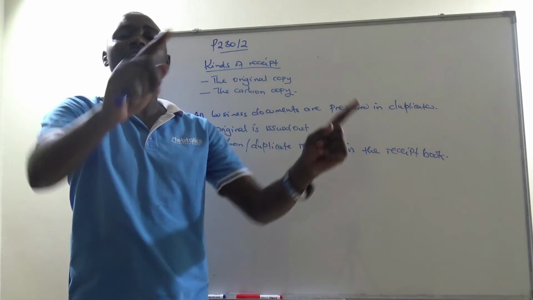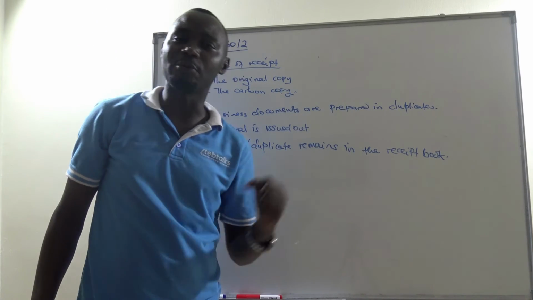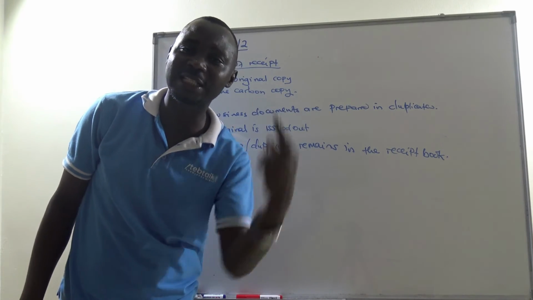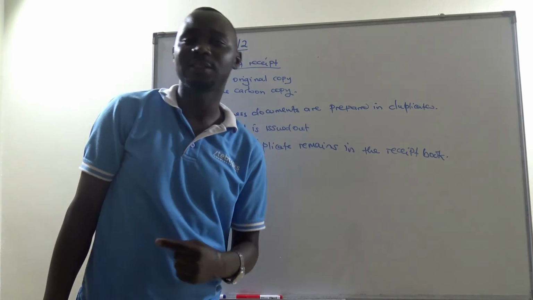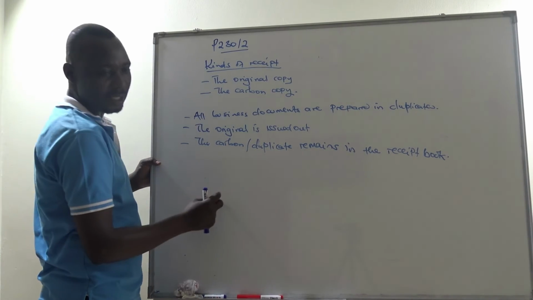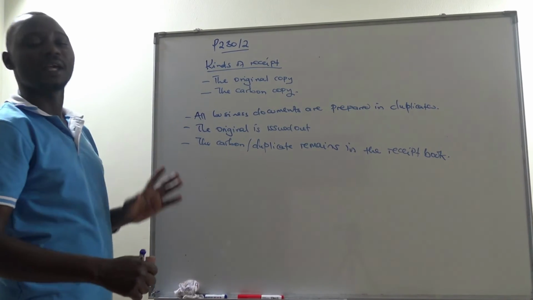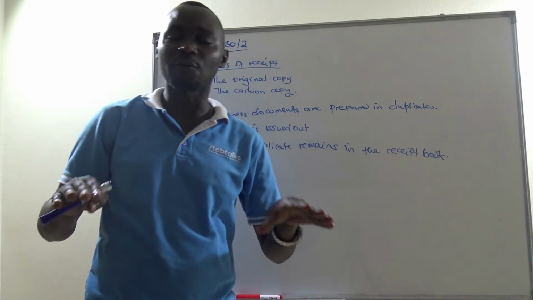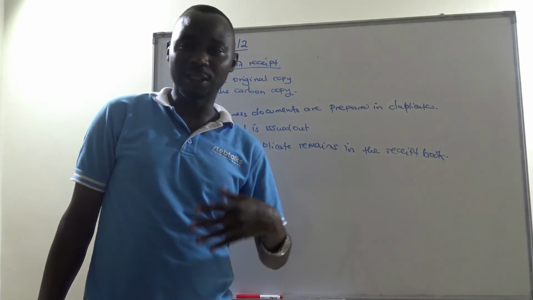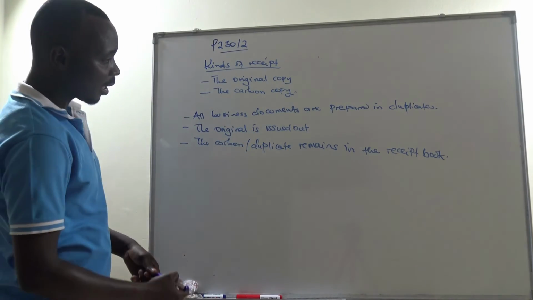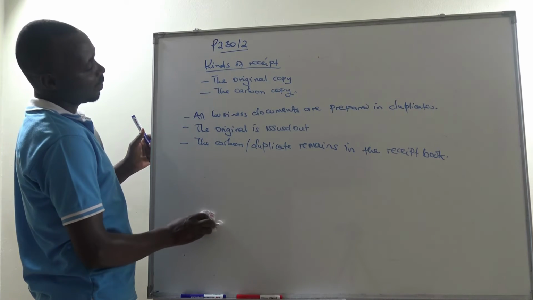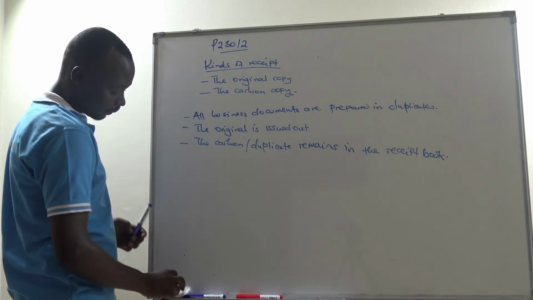Then the carbon copy remains in the receipt book to prove to the business that at one time, money was received. But when I say that the buyer receives and the seller issues, we are looking at it in terms of the original copies. The duplicate remains, and the original copy is issued out.